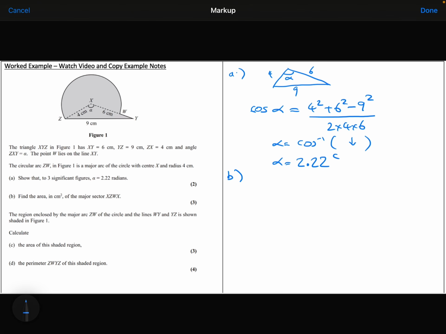Part B. Find the area in centimetres squared of the major sector XZWX. So what's the area of this?